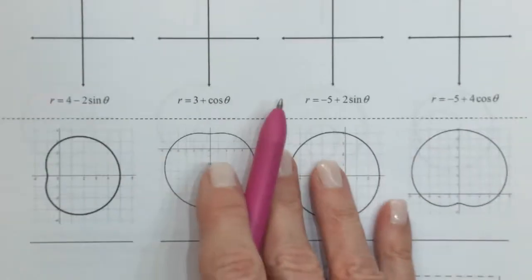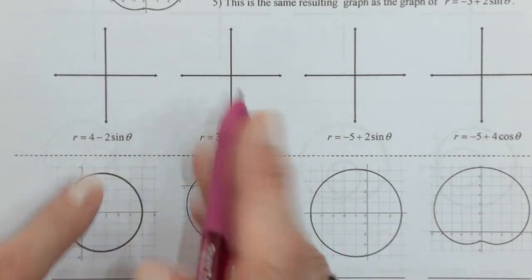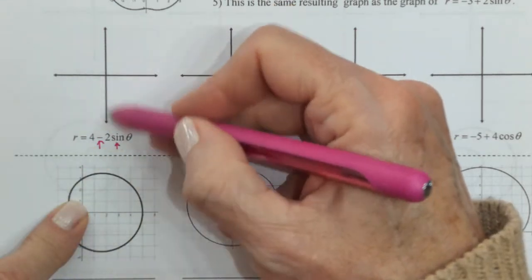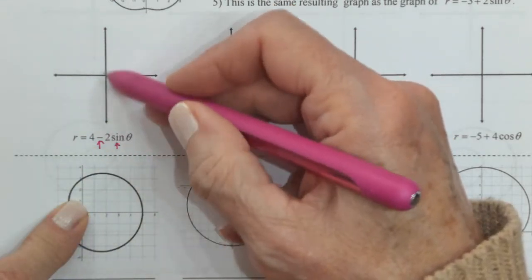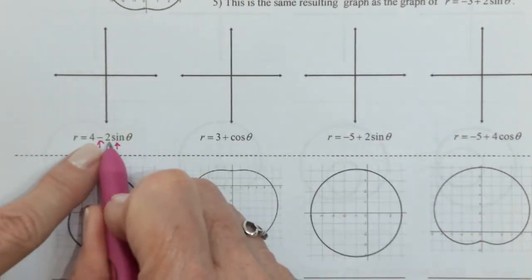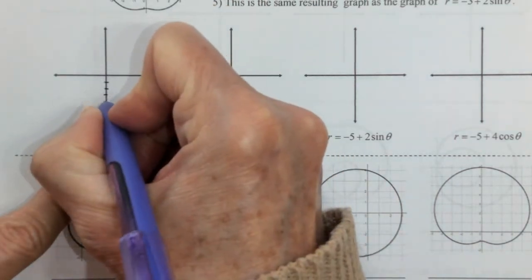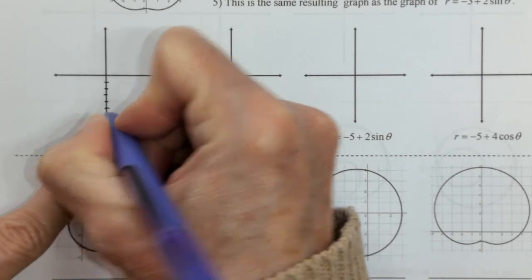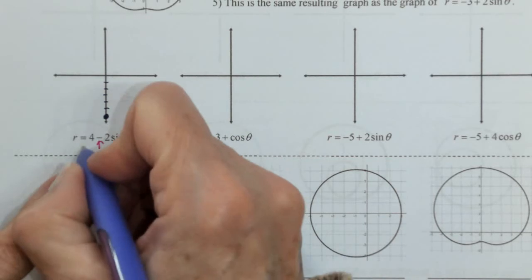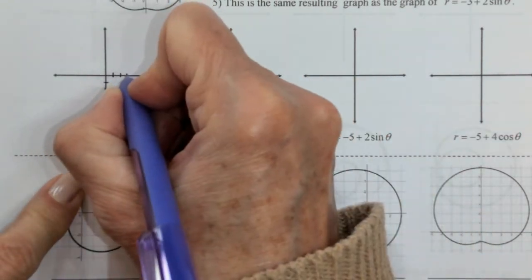Okay? So let's look at how we would graph this. The first thing I see here is a negative sign. So I know the bulk of this will be on the negative y-axis. Okay? How far on the negative y-axis? 6 units. So I'm going to go out 6 units. Okay? How far side to side do I go? Well, I go side to side 4 units.